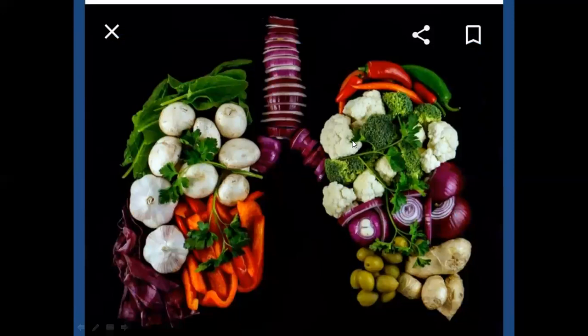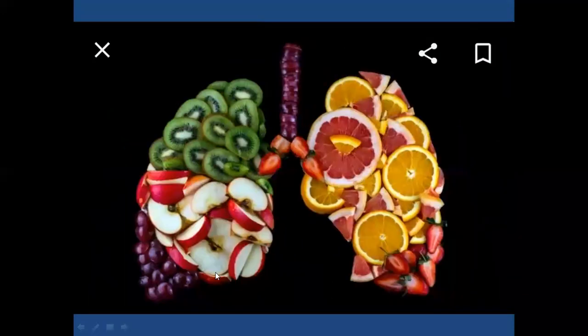There are some other vegetables you can see: cauliflower, onions, ginger, olives, peppers, garlic, spinach. All these are vegetables which are good for lungs. In fruits, you can see kiwi, apples, grapes, oranges, strawberries. All these are good for the lungs, so they will keep your lungs strong.